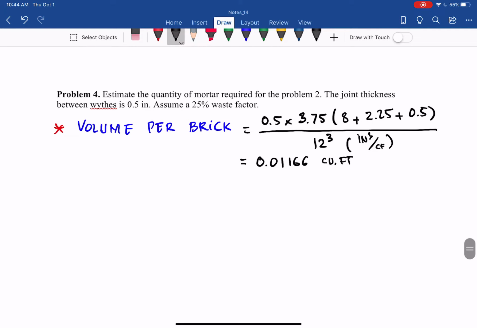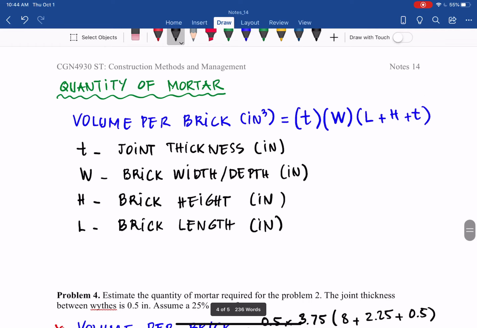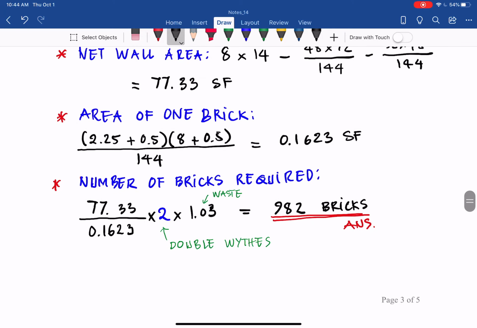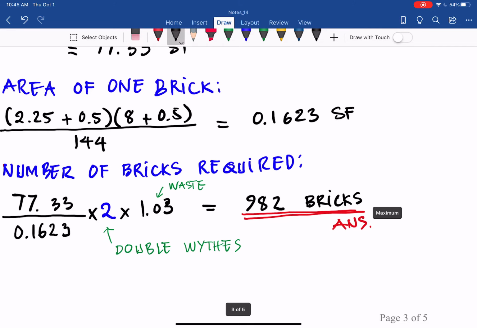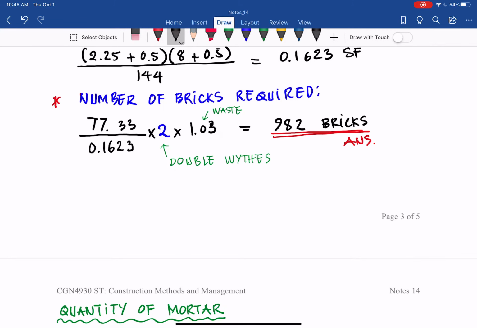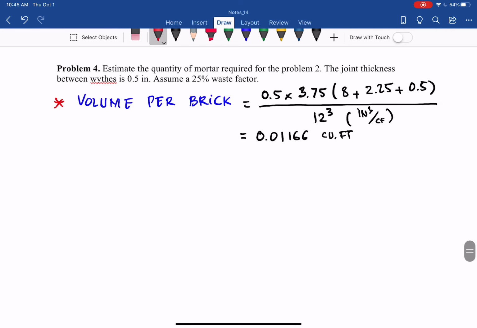When we have the volume of mortar per brick, we need to find out how many bricks we need. We already found in the previous problem the number of bricks for the double width is 982. We need to find it for each width first, so we divide by 2.